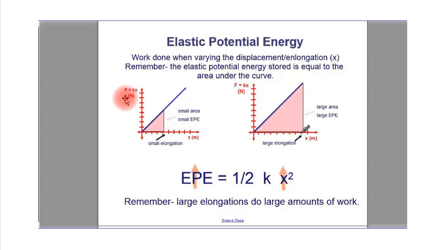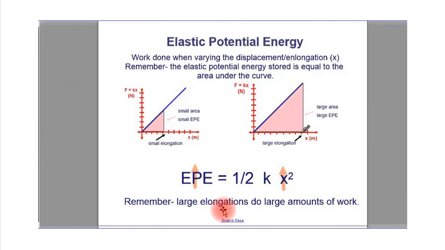F is equal to kx is represented along this direction and x along this direction. If we measure the area under the graph, we get half into x into kx, which is equal to half kx square.